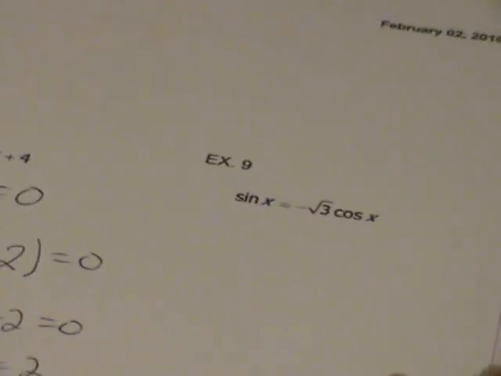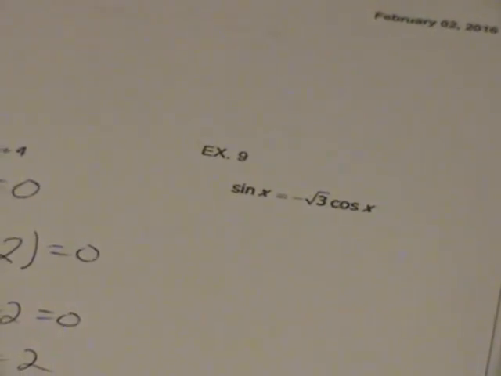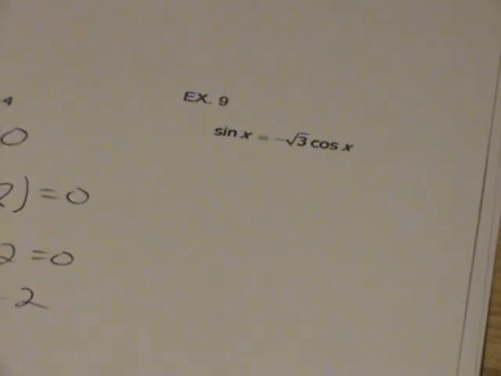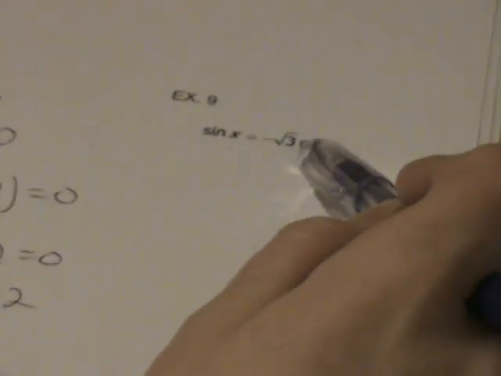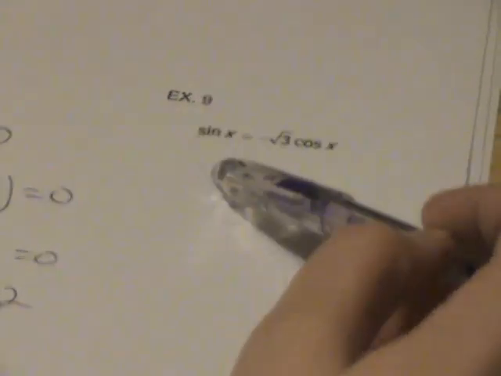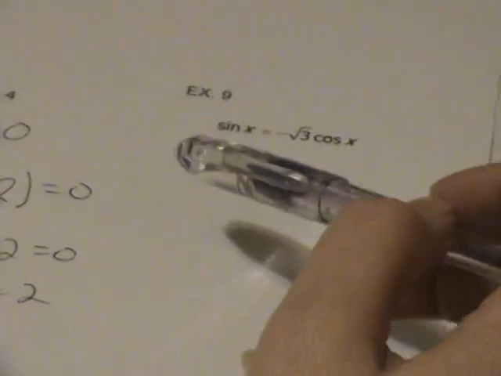Let's look at 9. Sine x equals a negative square root of 3 times a cosine. All right, well, if I try what I've done before and say, let's just move this cosine over, I would have a sine x plus stuff with cosine. All right, that's not very helpful.